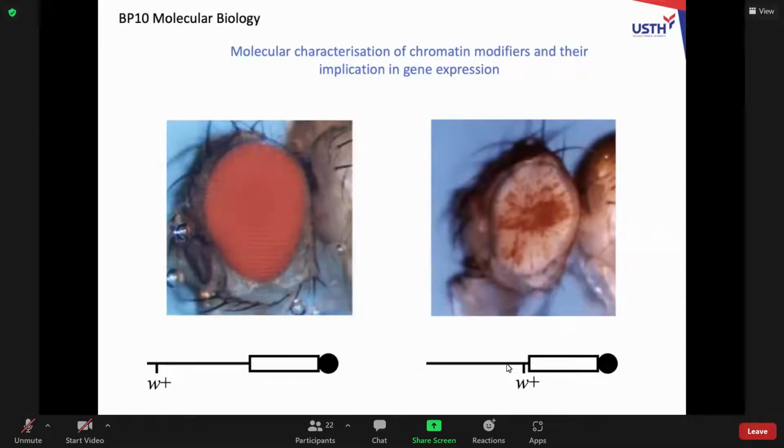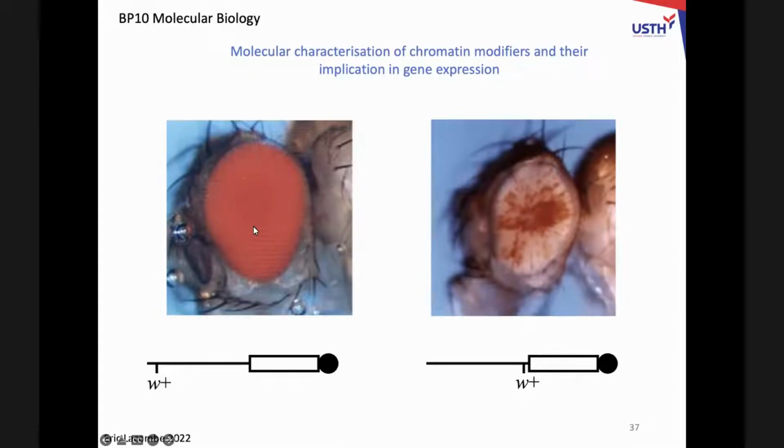Okay, so we go back to our flies. They took a white fly, and using homologous recombination, they reintroduced at that place of a chromosome the wild type red gene.